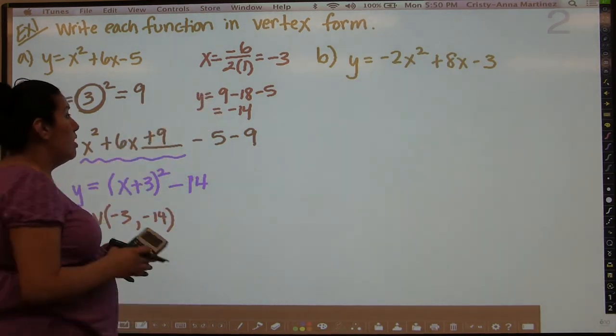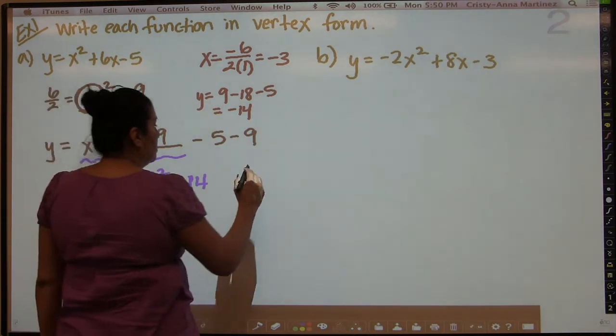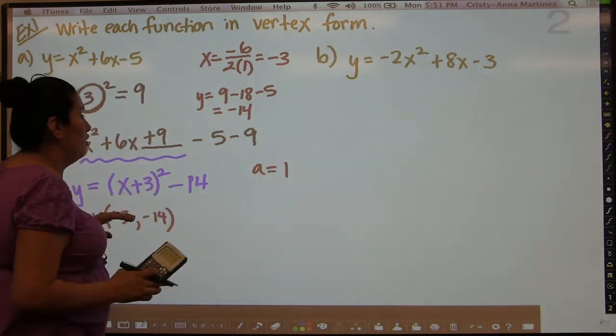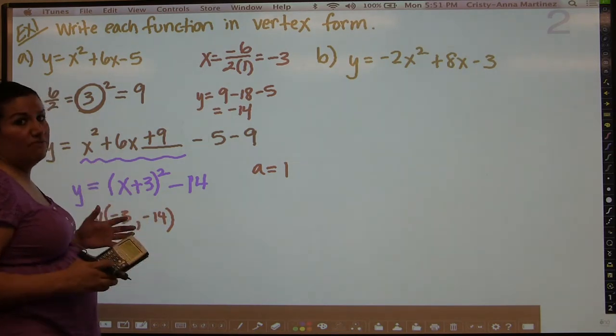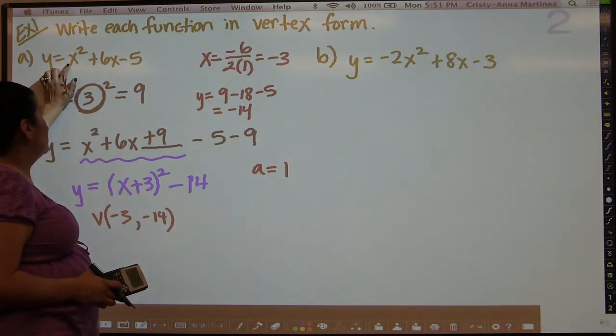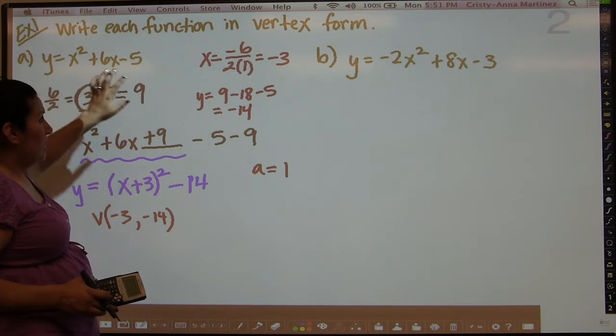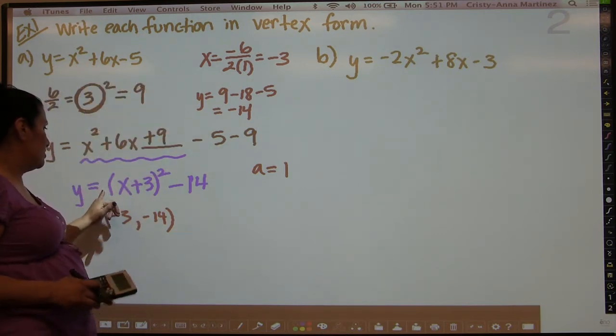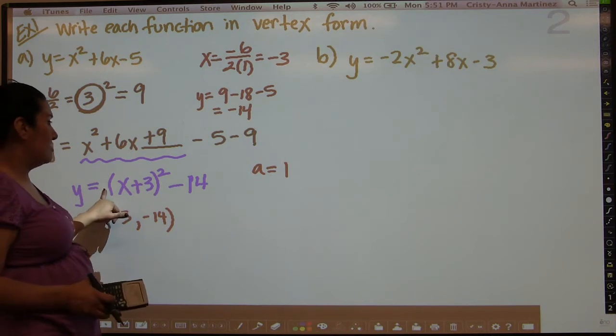That's supposed to happen. Also, we already know that a equals 1 because I told you earlier that in both forms they have the same value for a. So if this is 1x squared, then in the vertex form there is no number in front of the parentheses, so we assume it's a 1. So we have the same thing.